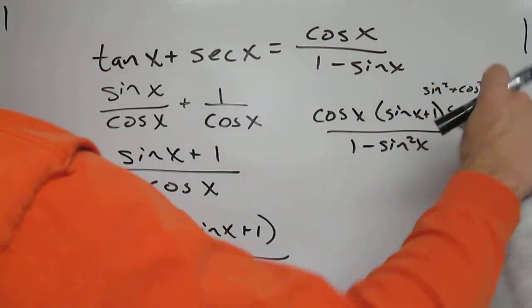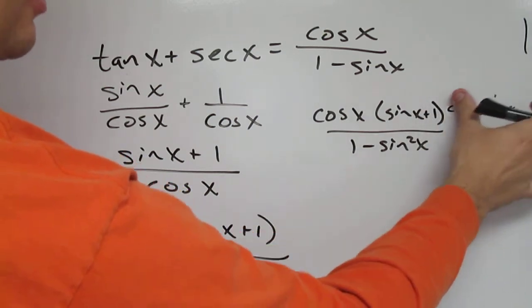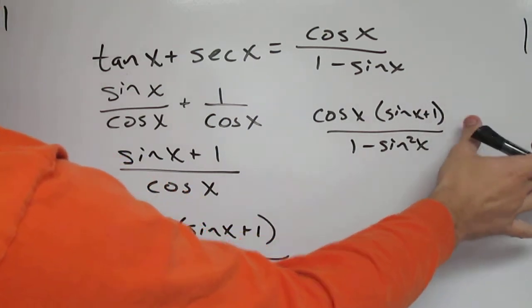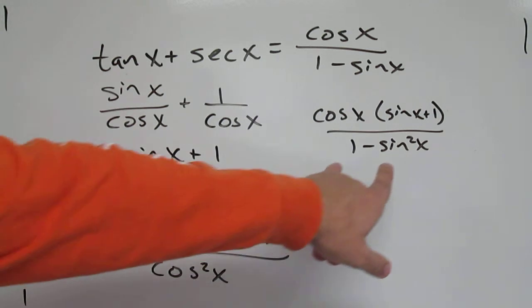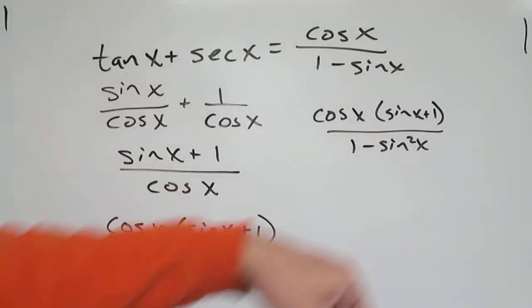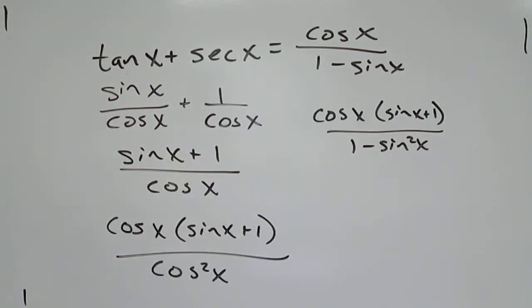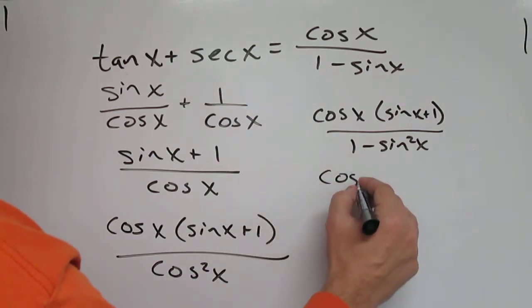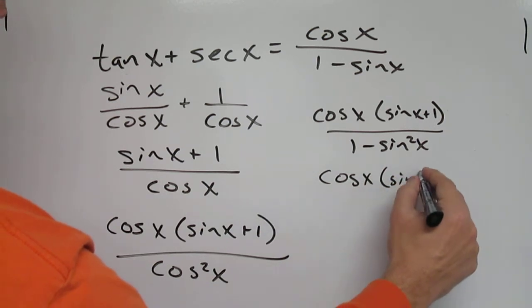So I use that Pythagorean identity, which I had to figure out exactly how to use it, but this is what I would leave it as. This I now see as a difference of two squares. So one of the strategies that they state is, if you can, this is in General Strategies 3, use things that are going to give you a difference of two squares to factor it. So I can change that into cosine x sine of x plus 1.